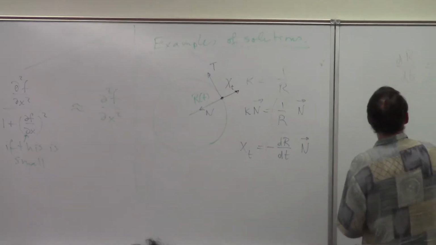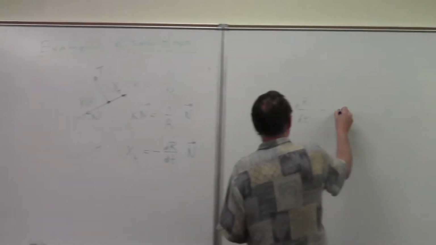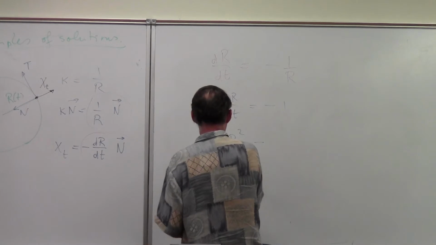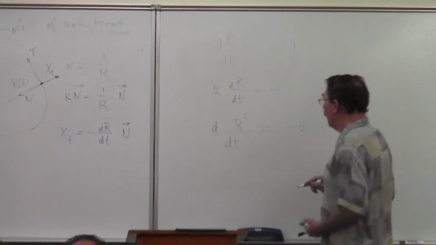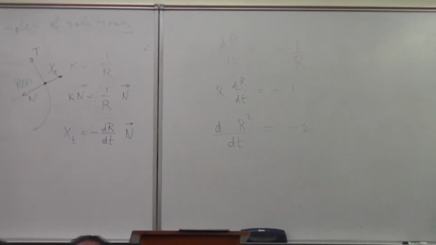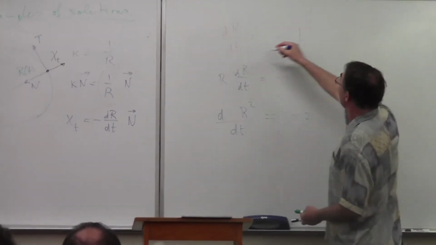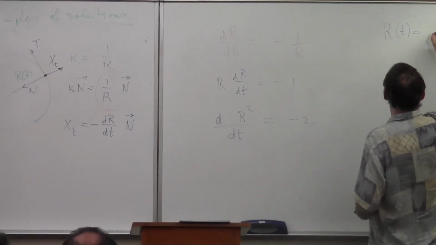Multiply both sides with r, you find r dr/dt is minus 1. The derivative of r squared is equal to minus 2. And therefore r squared goes to 0 linearly. And so this is a simple ordinary differential equation. The radius of the circle is the square root.